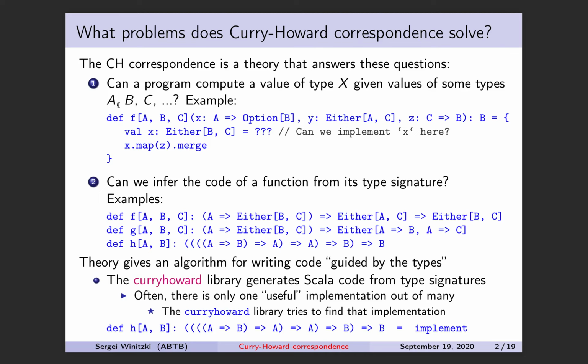Can this function compute its value? So we are required to compute a value of type B given these X, Y, and Z. For example, we could think, if I could somehow compute an Either B and C, let's say some other X, somehow, then I could compute a value of type B. I could map with the function Z, and I can do a merge on the Either, and I get a value of type B. But can I implement this X here?